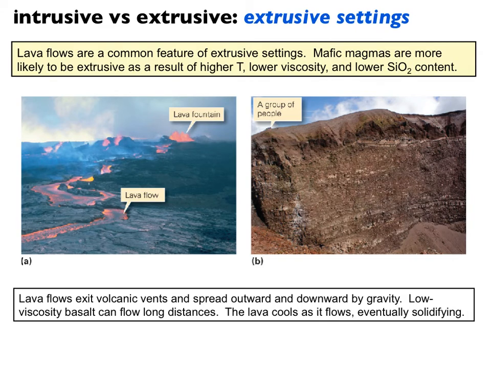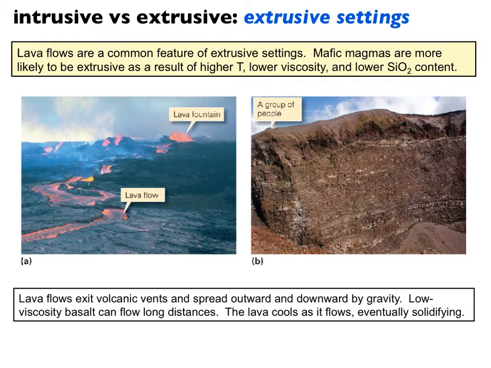So igneous rocks can form both intrusively and extrusively. Of course, we've been saying that all along. Lava flows are a very common feature of extrusive settings, because in the intrusive realm you don't produce lava at all, you have magma. Once it gets to the surface, you can make lava flows. What I meant to say was that mafic lava flows are common in extrusive settings.